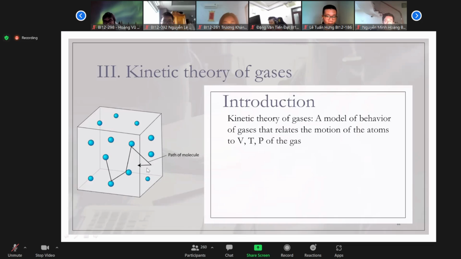What we are going to study is the behavior of gases that relates the motion of atoms, I mean a microscopic property, to macroscopic properties of the gas, such as the volume, the temperature, the pressure. So this is the key idea of the kinetic theory of gases.